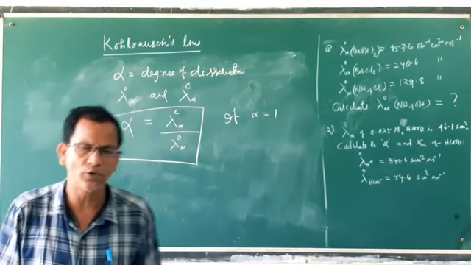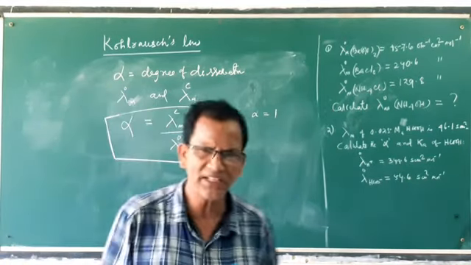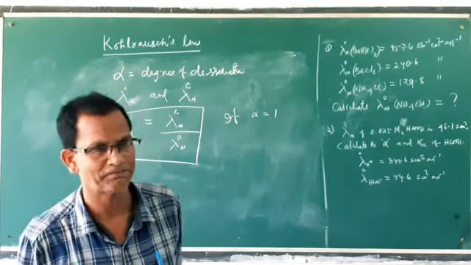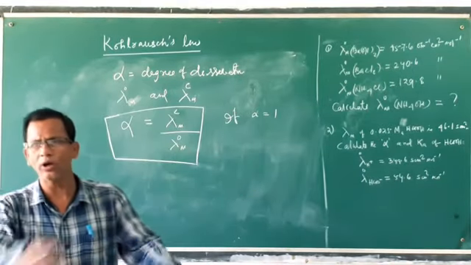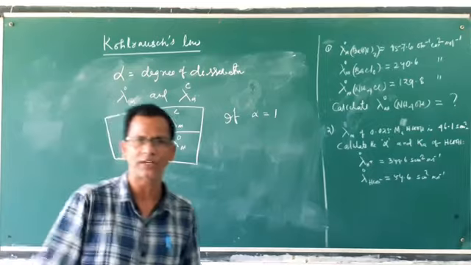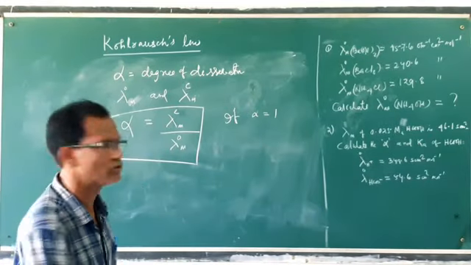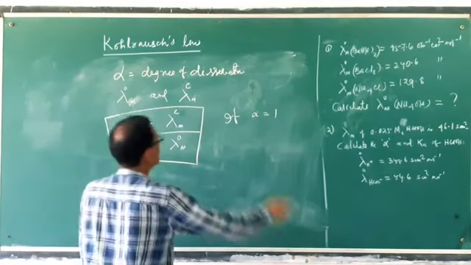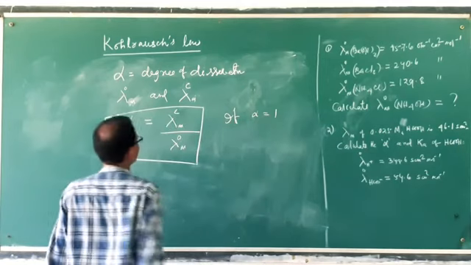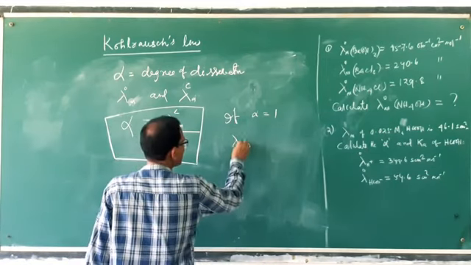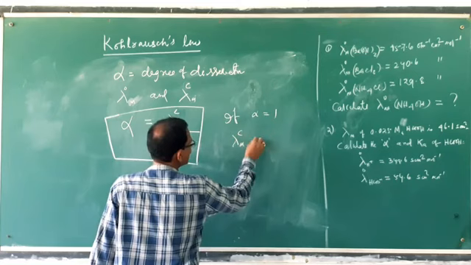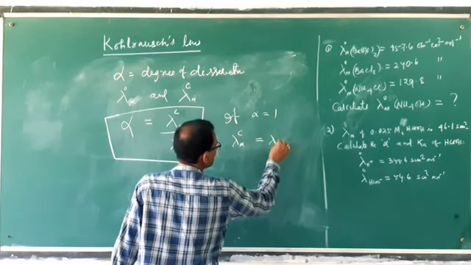Alpha equal to 1 means 100% dissociated. All electrolyte gets dissociated, nothing is left in the solution. Everything is dissociated. So alpha is equal to 1. In that case, lambda mc is equal to lambda m0.